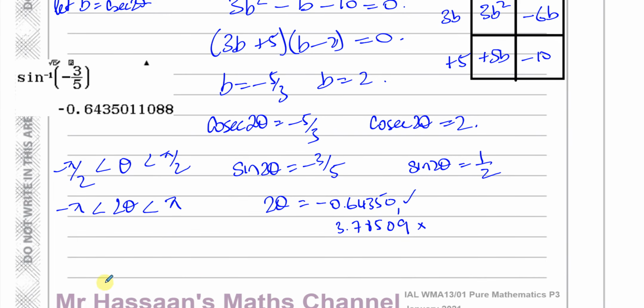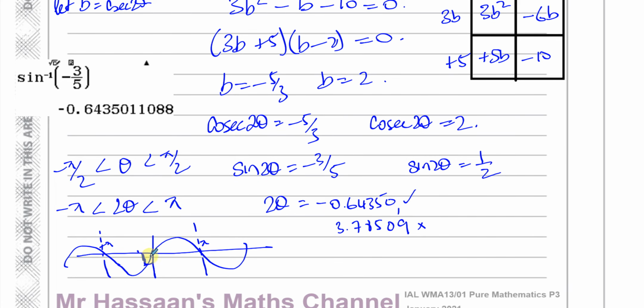Because what we have here, if we think about it, is the sine curve. Let me try to make that straight. We have the sine curve, say that's 0. It goes like this, and on this side it goes like that. Now we're limited between these values of pi and minus pi. What we got when we did inverse sine of minus 3 over 5, we got this answer over here. This is the first answer.